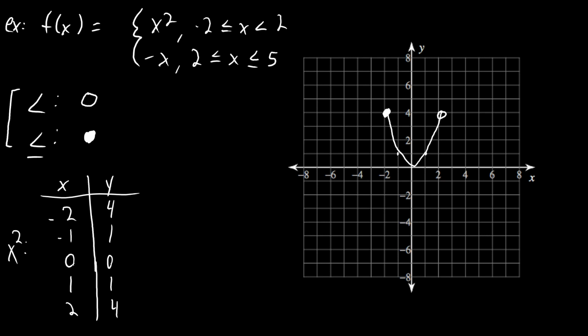And then now we have -x from 2 to 5. Okay, so 2 to 5, this is just going to look like this.